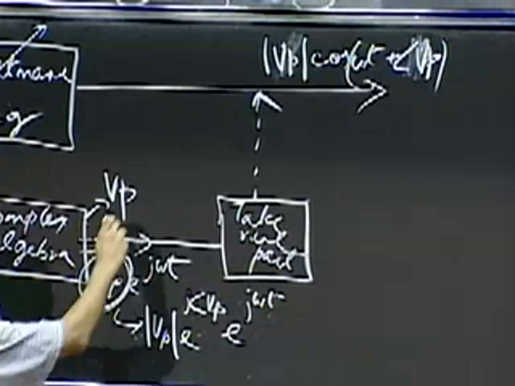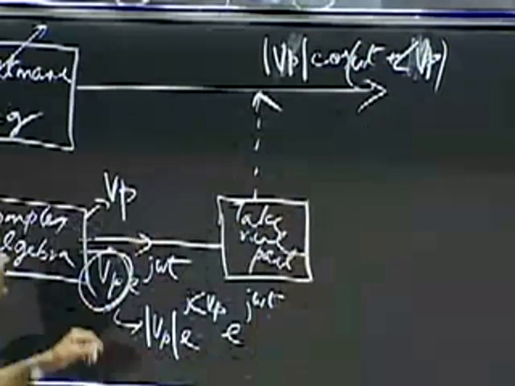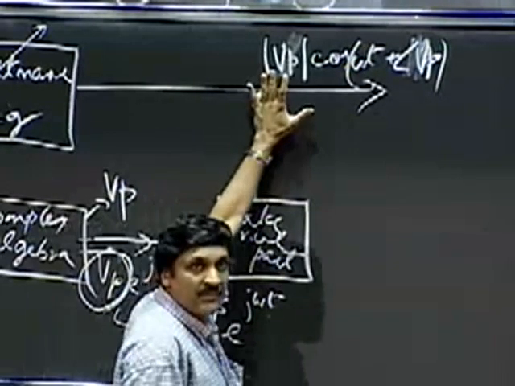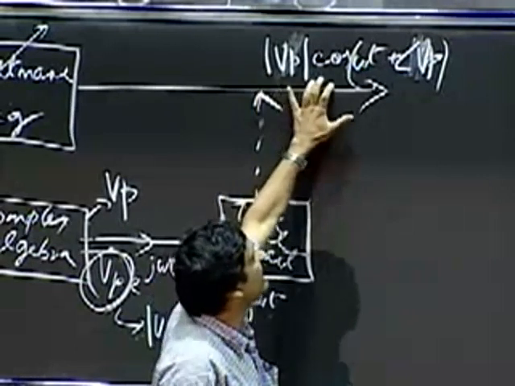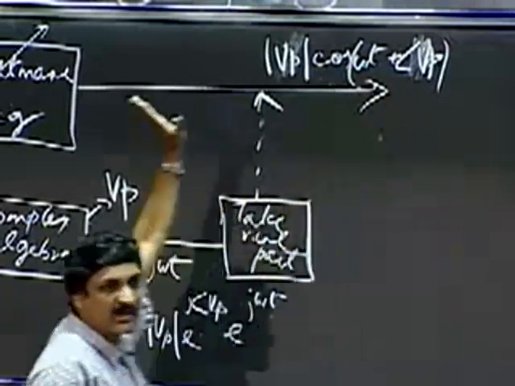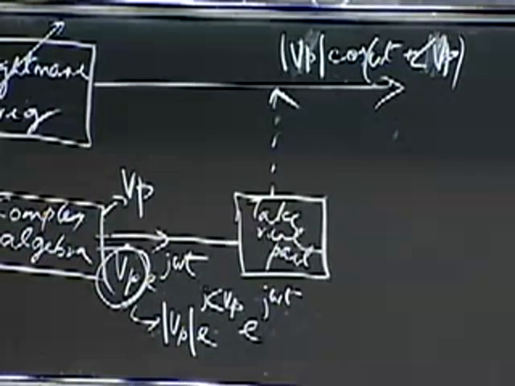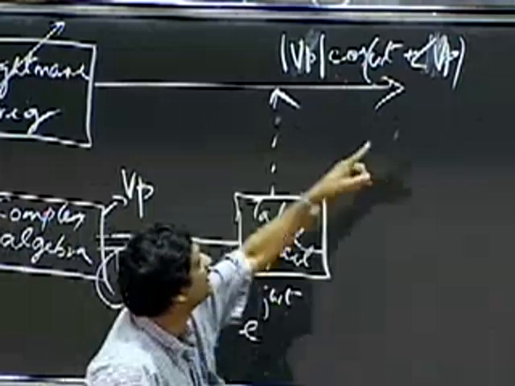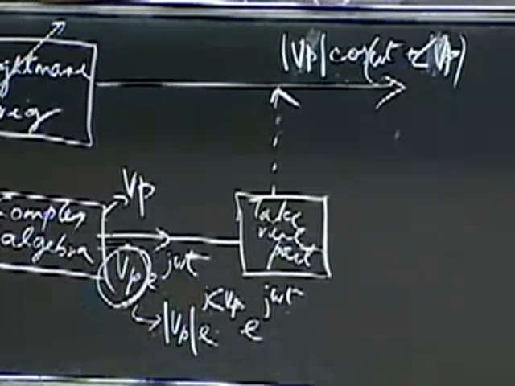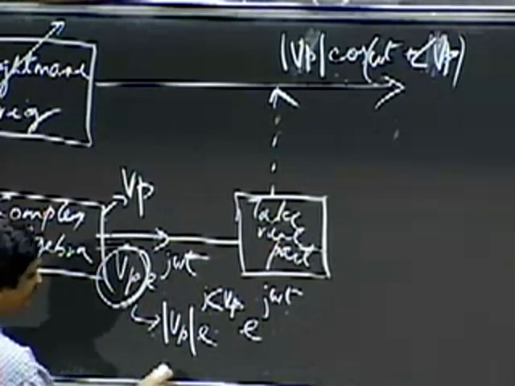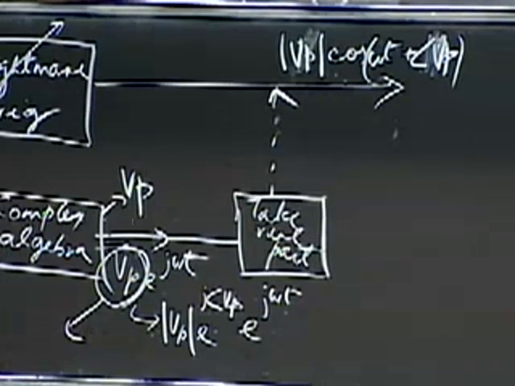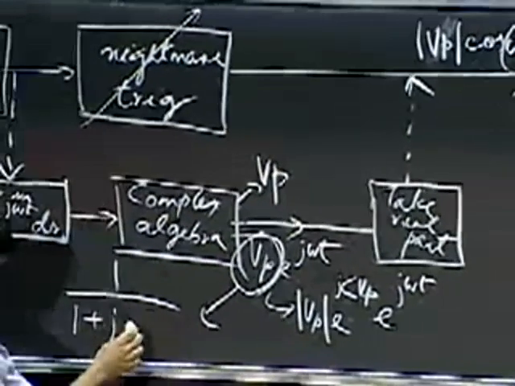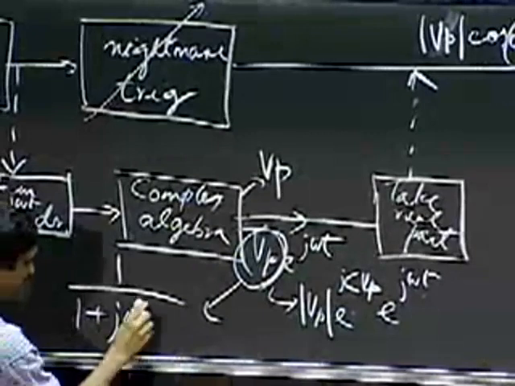And then from here, I could directly write down the answer as a modulus of Vp cosine omega t plus angle Vp. Boom, right there. Okay, so this was a much shorter path. Okay, and here I just described to you how this yields an expression for |Vp| and angle Vp. And for our example, Vp was 1 divided by 1 plus j omega RC.